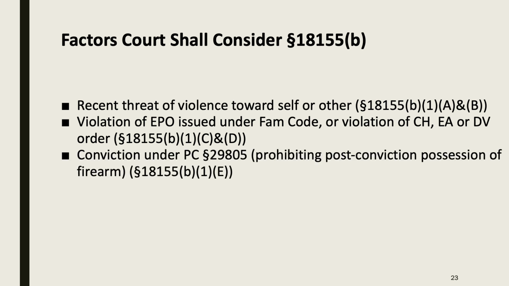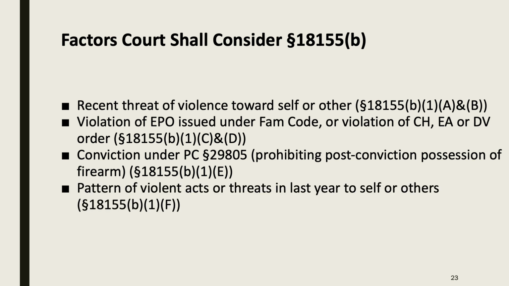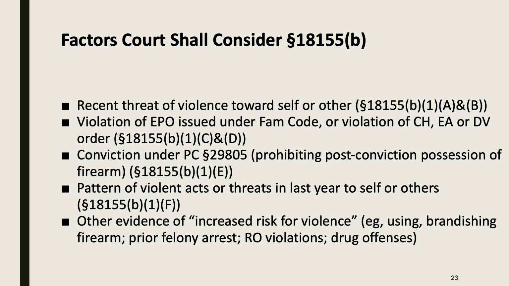A conviction under Penal Code Section 29805, which prohibits post-conviction possession of a firearm, is something the court would consider. A pattern of violent acts or threats in the last year to harm oneself or others. And other evidence of an increased risk for violence, for example, using, brandishing a firearm, a prior felony arrest, restraining order violations, drug offenses, things like that.